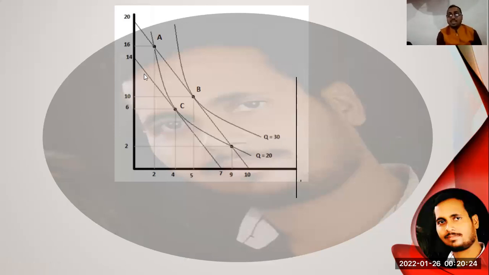Besides this, if the entrepreneur selects point A, they are sustained on the upper IsoCost line, but this provides lower production, that is 20. So if they have to spend a lot but get lower output, they are not going to be satisfied.